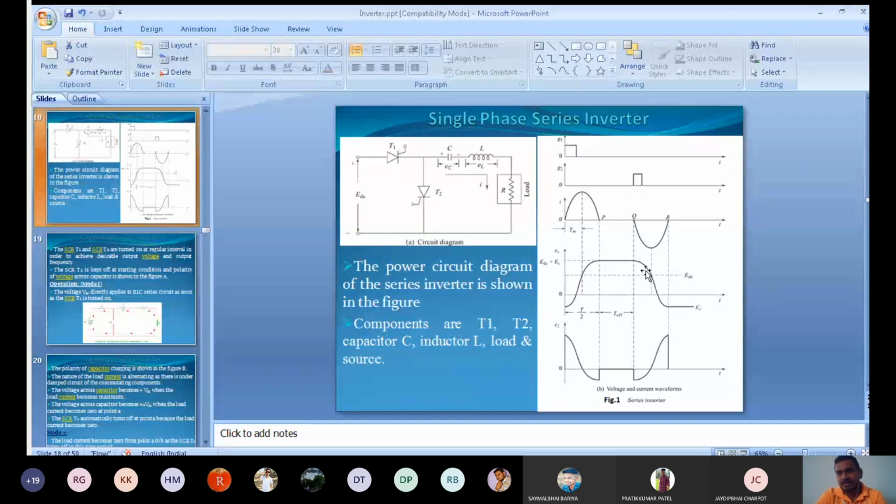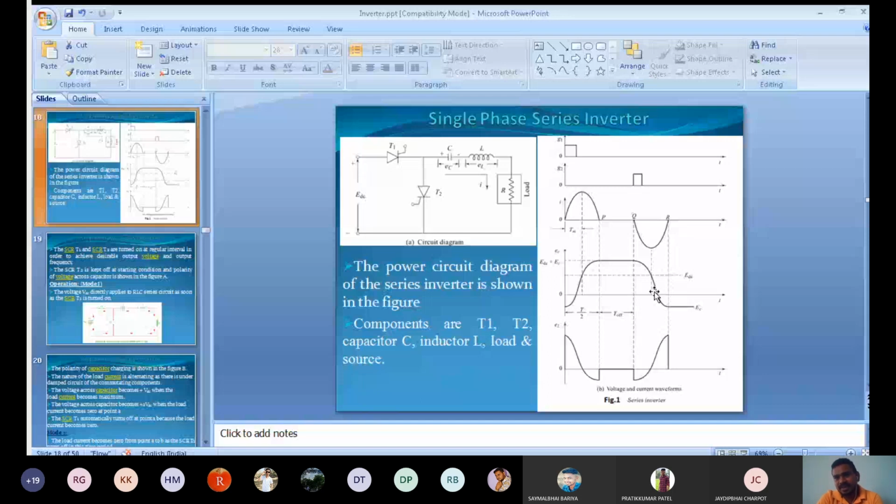The current continues from 0 to maximum and again to 0, so the capacitor keeps discharging and reaches 0 condition.